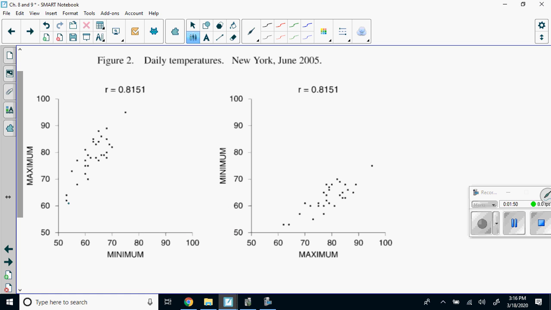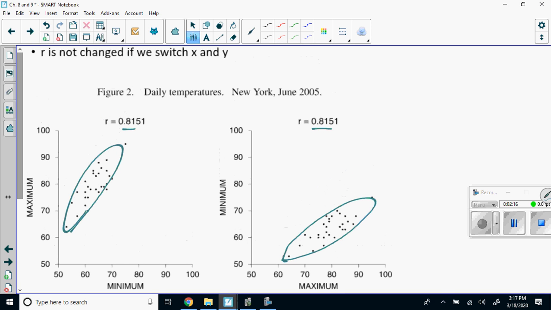Notice the correlation doesn't change because the scatter diagram is just a reflection of itself over this line because the x and y axis changed. So the correlation doesn't change because the scatter diagram is the same, it's spread out the same amount. So our correlation stays the same, and that is R does not change if you switch x and y.